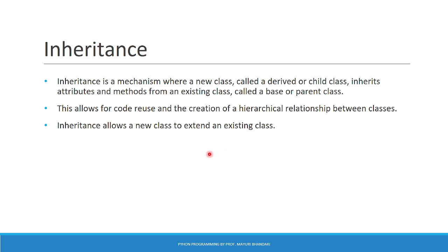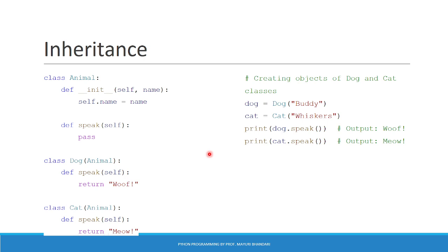If you want to reuse properties of the parent class in the child class, you can inherit it. Okay, now how to achieve inheritance?